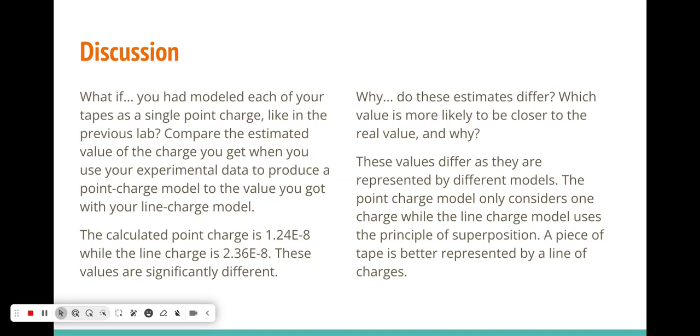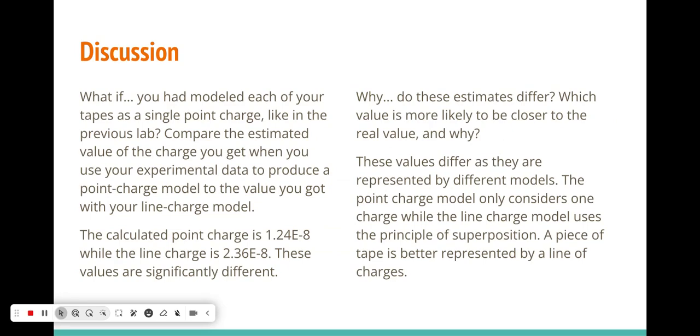And then our discussion: if we had modeled our tapes as a single point charge, we can estimate the value of the charge and compare those two between the previous lab and our lab. So we can see that the two values that we got are pretty different, showing that there's likely a difference in accuracy of the two different models, and we can assume that the line of charge is more accurate.